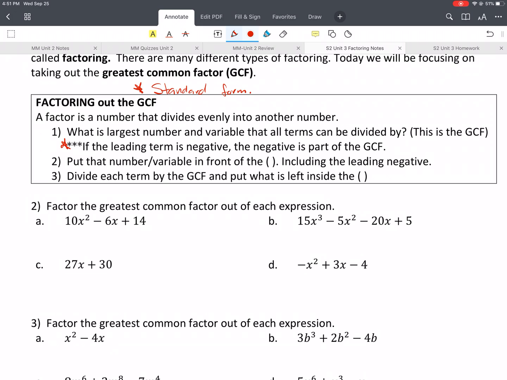So for example, something like 3x to the third plus x plus 2. That would be standard form. We have the highest exponents first down to the constant. And we talked about that before. So this would be the first thing that we would always do would be standard form.